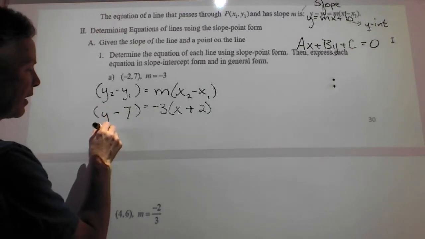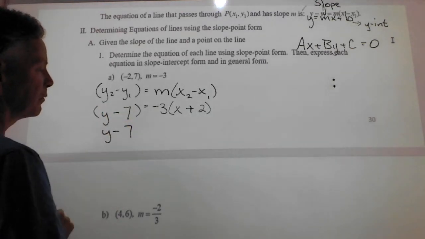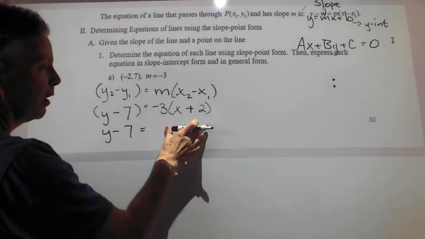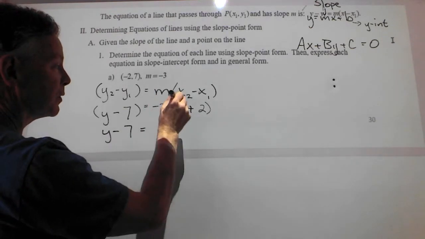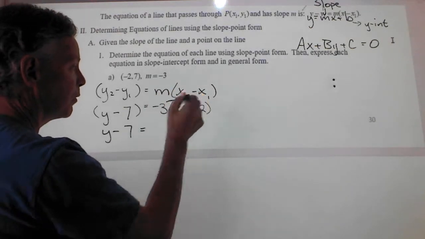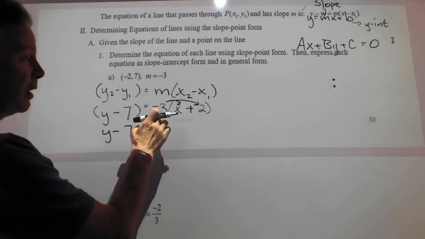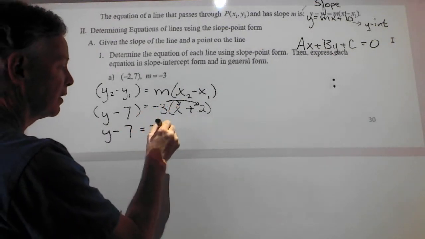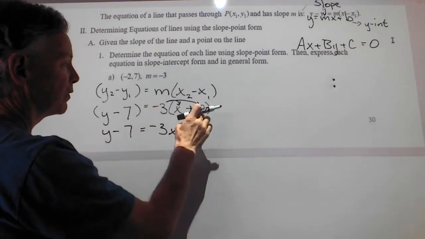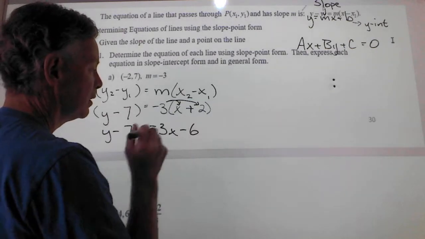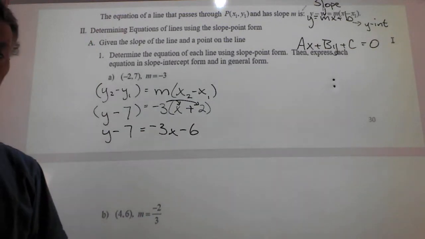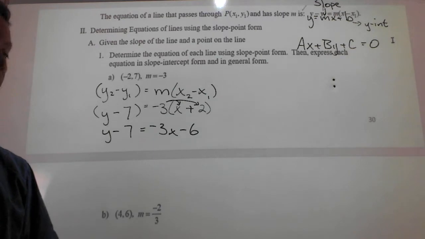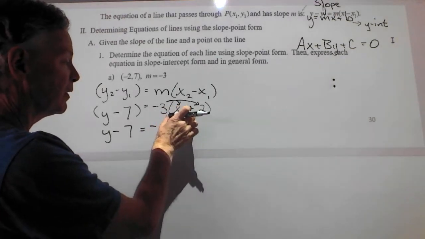We'll just drop the brackets and it becomes y minus 7. On the right side, we can simplify. We can distribute the slope over both of these values. Minus 3 times x is minus 3x. Minus 3 times 2 is minus 6. Okay? So we've simplified the right side.